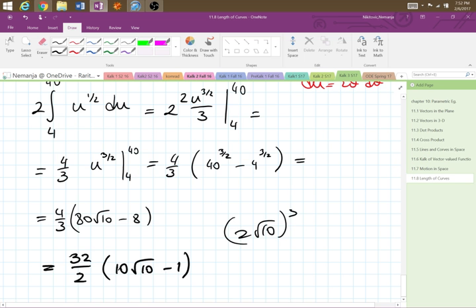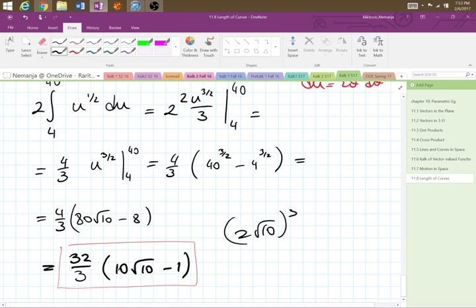You pull out 8, 8 times 4. Details over 3, that's an important detail.